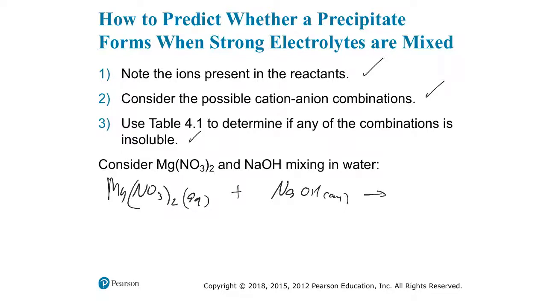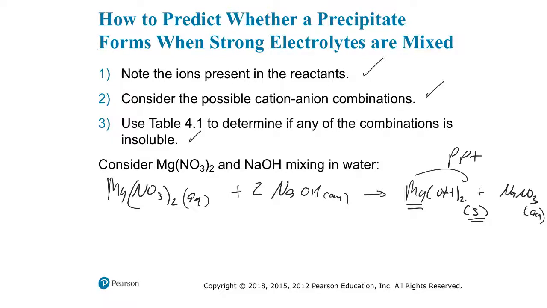And we're mixing this and considering forming Mg(OH)2 plus NaNO3. Now we know NaNO3 is going to be water soluble, so we'll write aq. Now for Mg(OH)2, magnesium is not one of the exceptions for hydroxide, so this is not soluble, so this would precipitate as a solid. So this is going to precipitate from the solution and then allow this reaction to occur.